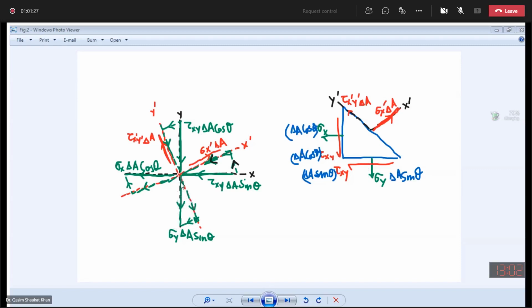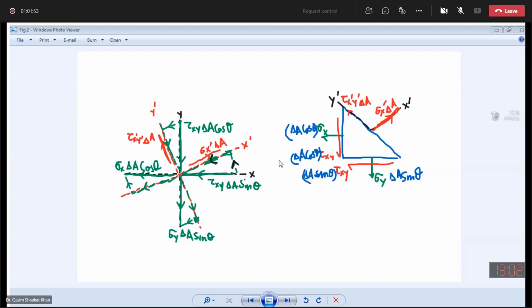The component along the y dash axis will be sigma y delta a sin theta into cos theta, because this is your base and this is your perpendicular. So this component will be sigma y delta a sin theta into sin theta. Is this clear? Yes, sir.